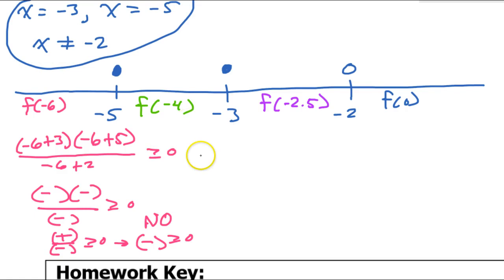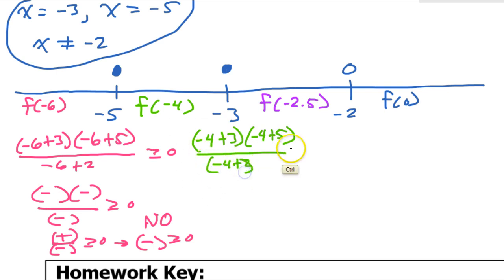Okay, how about negative 4? So that would be negative 4 plus 3, negative 4 plus 5, negative 4 plus 2. And we're asking if that's greater than or equal to 0. Well, that would be a negative number times a positive number divided by a negative number.